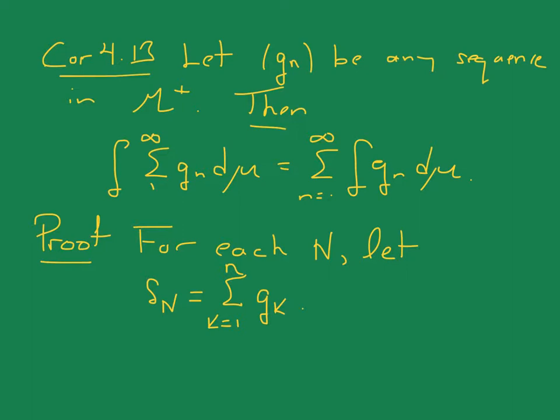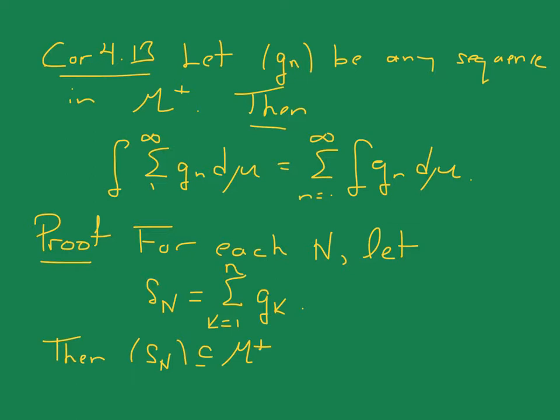Right, well, then, because each of these g sub k's is non-negative and measurable, each S sub capital N is going to be non-negative and measurable. Certainly sums, finite sums of non-negative measurable functions will be non-negative and measurable.